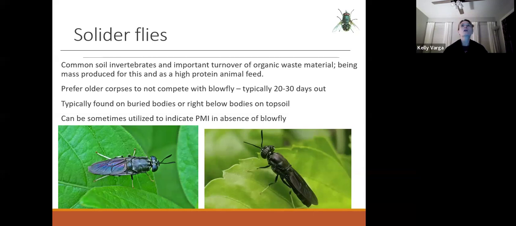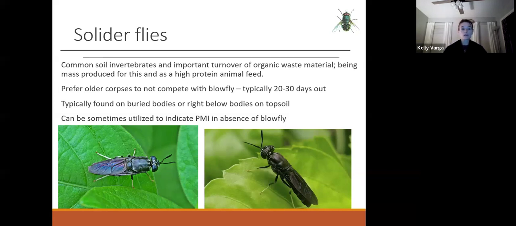But man, they are prolifically important to the turnover of organic waste material in the environment. And in fact, they are being massively produced to do exactly that, to create soils. Their larvae are being sold to mass produce and turn over organic waste, to recycle material that is being broken down through the process of recycling.